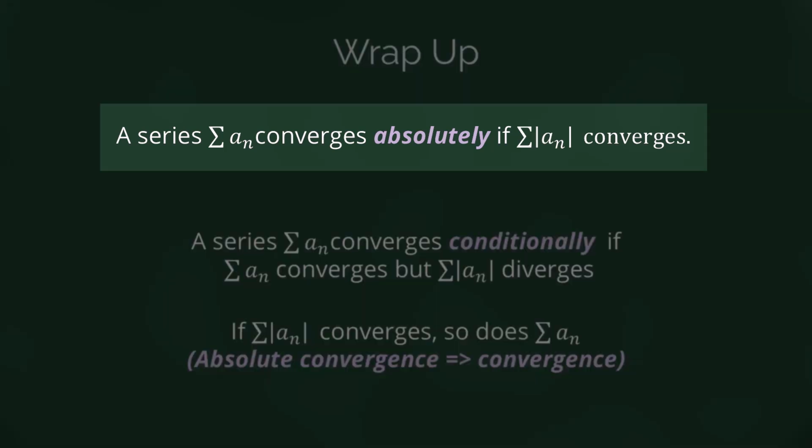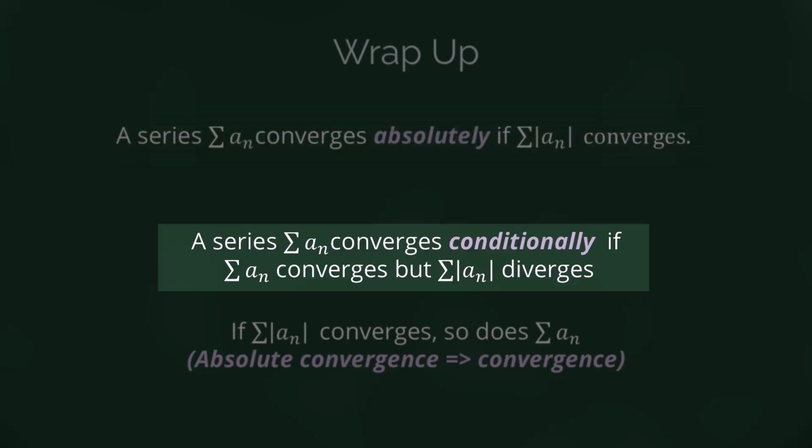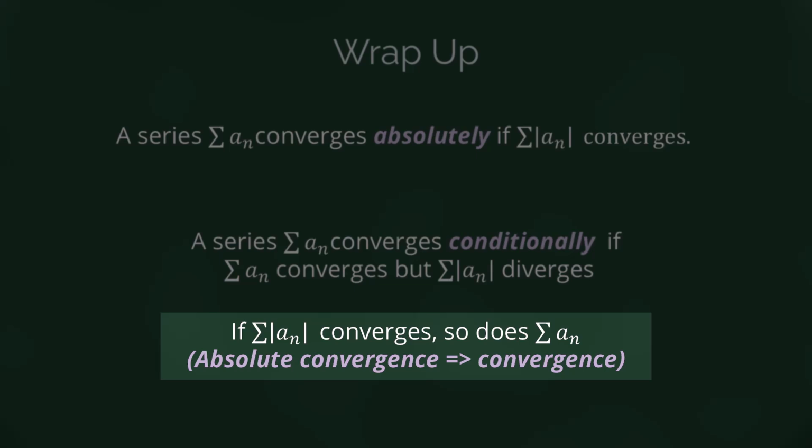If the series with all positive terms converges, then we say our original series converges absolutely. If instead the series with all positive terms diverges, but the series containing some negative terms converges, then we call that convergence conditional. We also know that if a series converges absolutely, then it must converge.